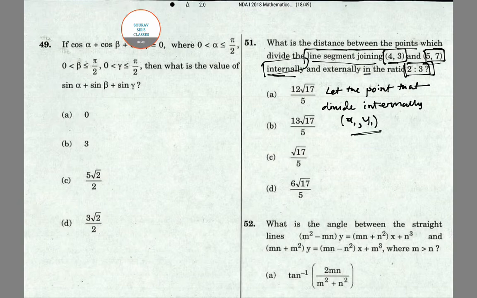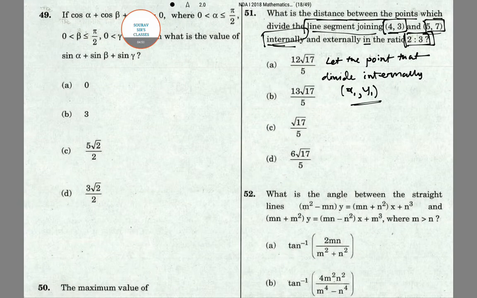Now we can simply find the value of x1, which will be equal to (2 into 5 plus 3 into 4) divided by 5, because 2 plus 3 becomes 5.